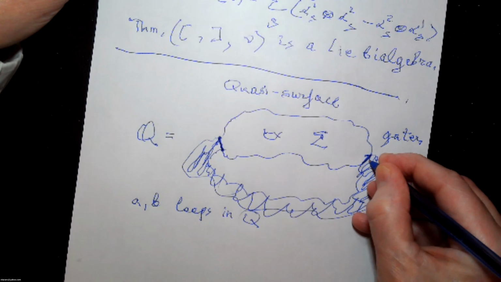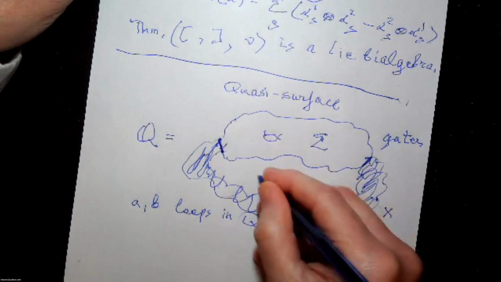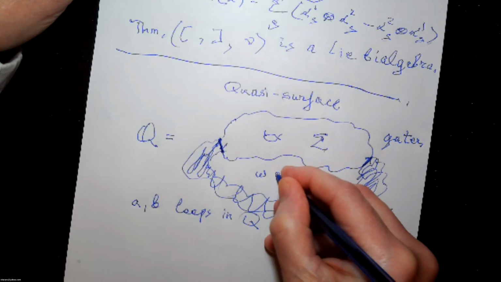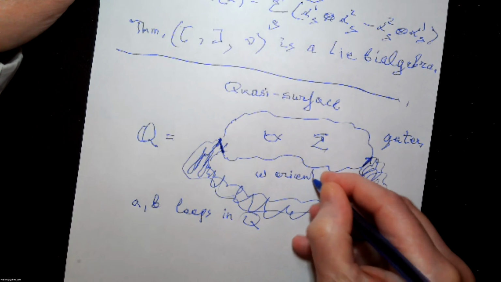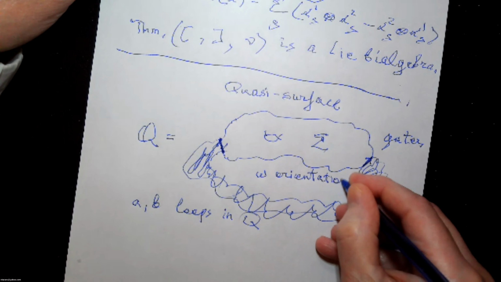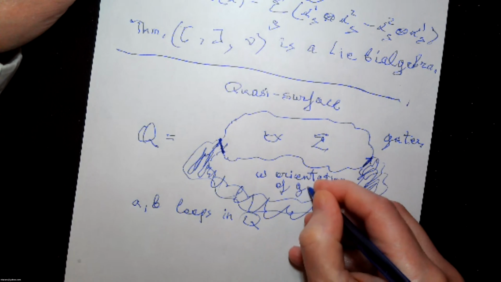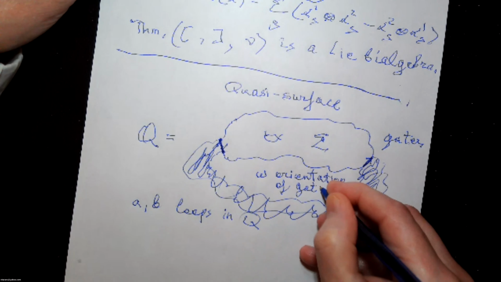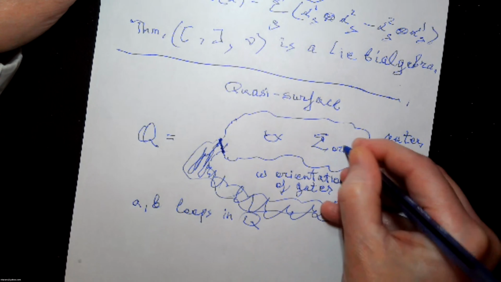Let's just fix an orientation of the segments, omega, orientation of the segments. And of course, the surface sigma itself should be oriented, otherwise we cannot do anything.